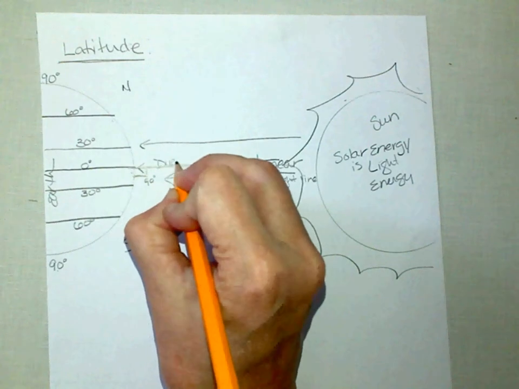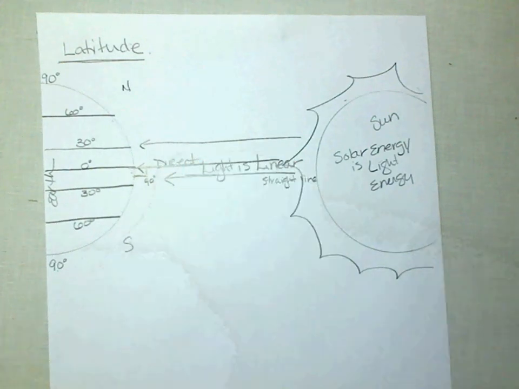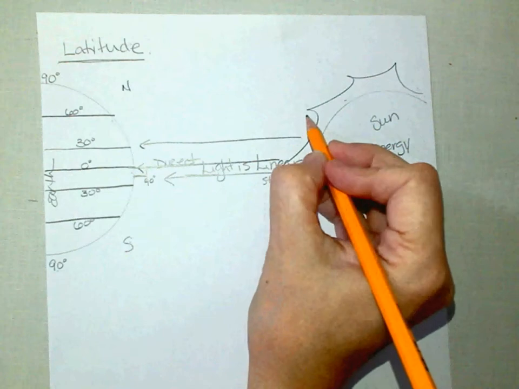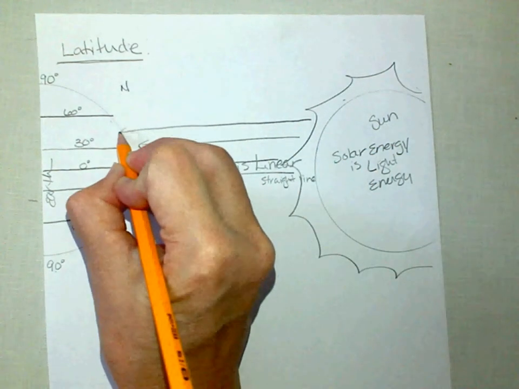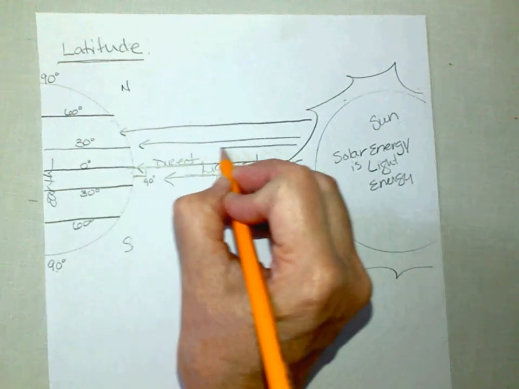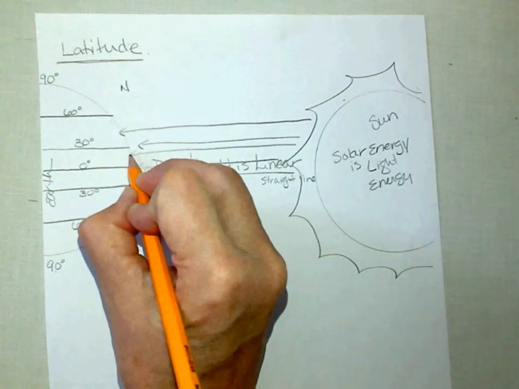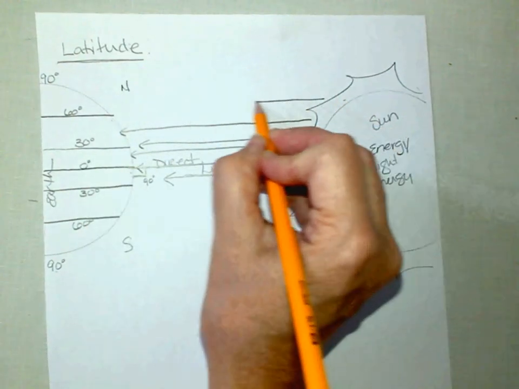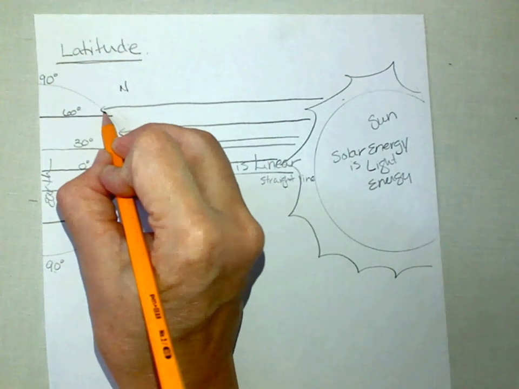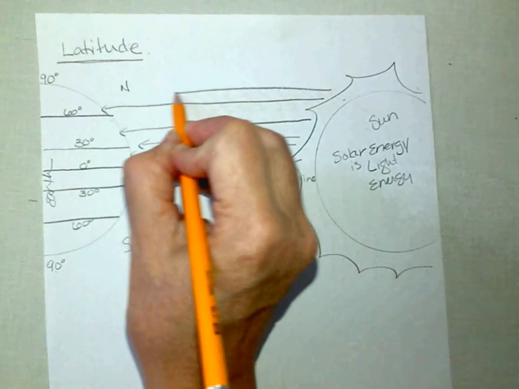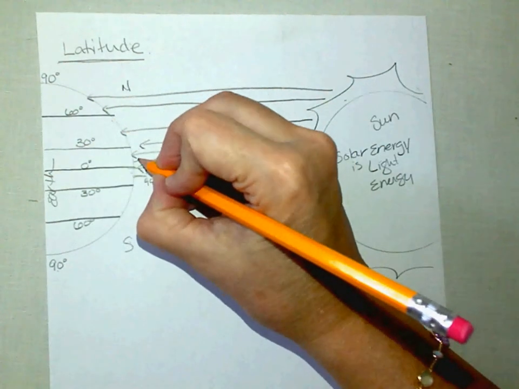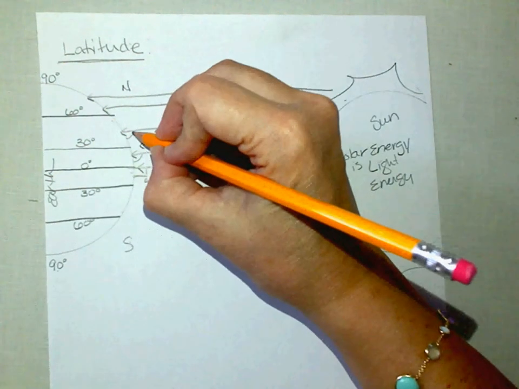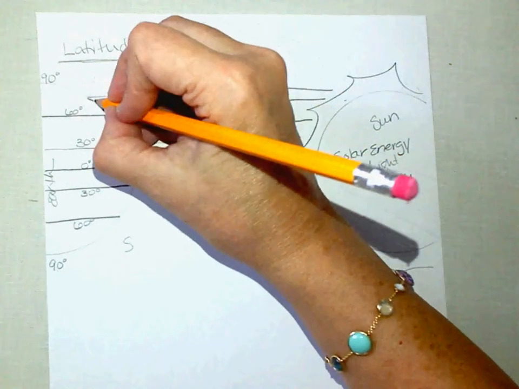So very direct ray. Here, as I go through and look at the different areas of the earth, and I bring light in, and it reaches the different levels of the earth, because the earth is curved, it begins to have a very different angle to it. Check out these angles as they change.